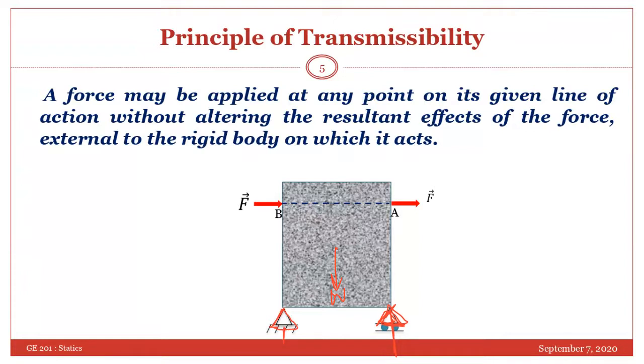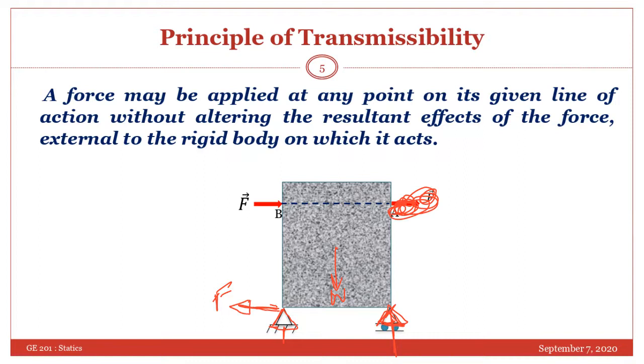Suppose you are applying the force at point B. In order to make equilibrium at this hinge point, a reaction will develop in this manner, which will be the same as this force. Okay. So these are the reactions or external effects which are produced at the supports.